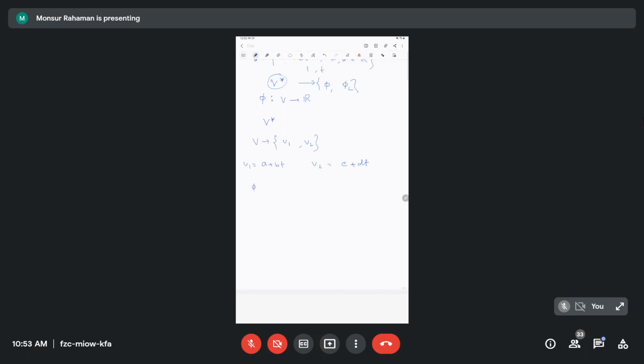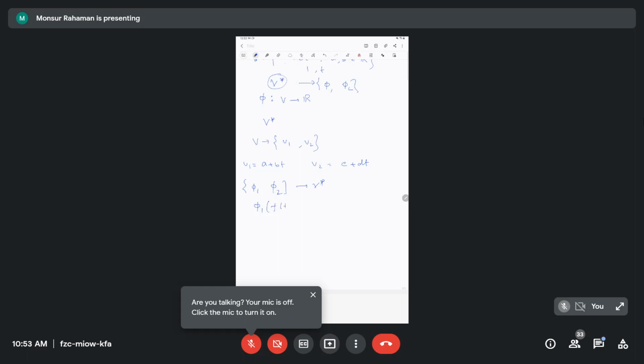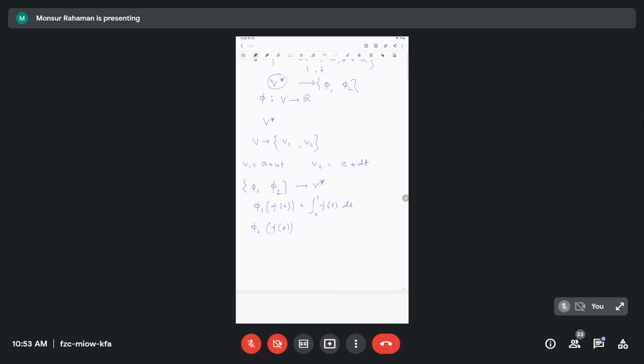The dual basis is also given, phi 1 and phi 2, in a similar way. This is the basis of V star. That is defined as phi 1 f of t equals 0 to 1 f of t dt, and phi 2 f of t, where f of t is the polynomial, is 0 to 2 f of t dt.